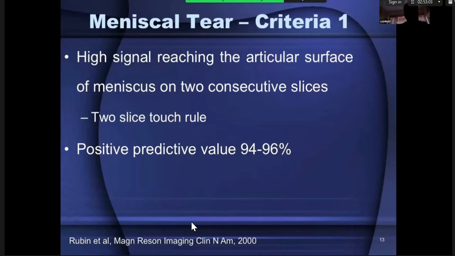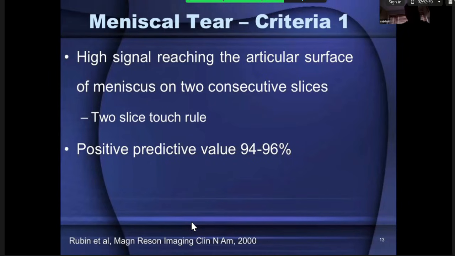What are the MR criteria for diagnosing a meniscal tear? You've got to have a high signal which reaches the articular surface of the meniscus on at least 2 consecutive slices. This is the 2-slice touch rule, and its positive predictive value is around 95%.